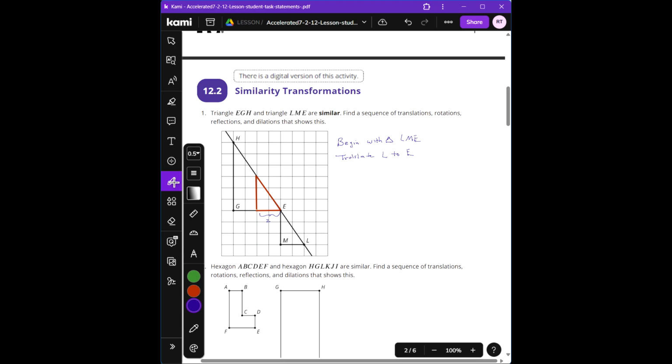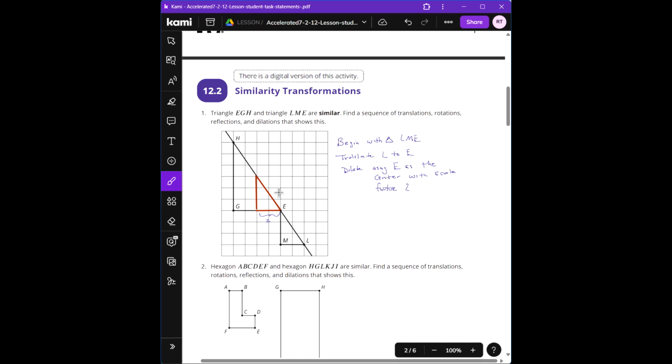So what I need to do is I'm going to dilate using E as the center with scale factor 2. Okay, so that's how we can do number 1.